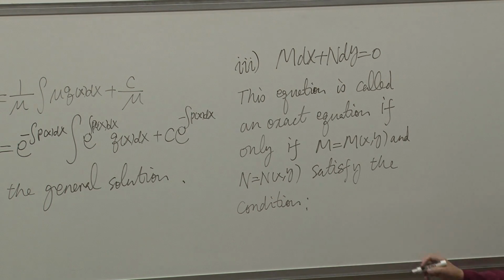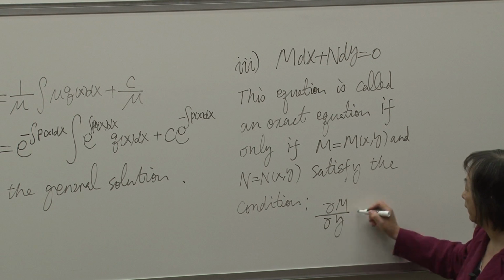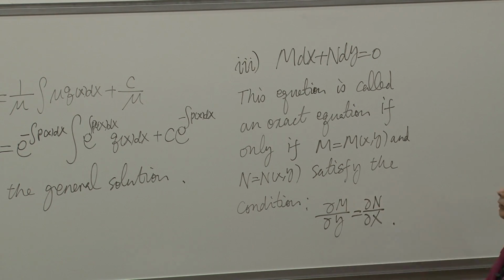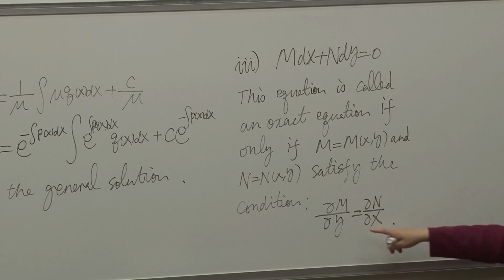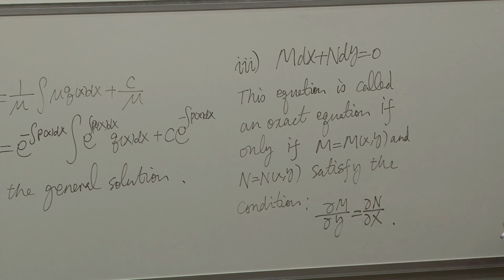The condition says the partial derivative of m with respect to y equals the partial derivative of n with respect to x. This is the condition for an equation to be exact.